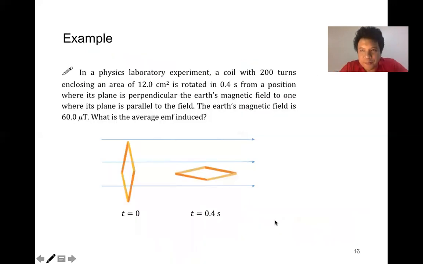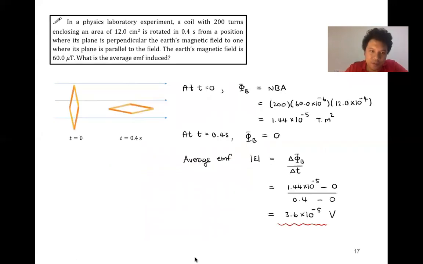Okay, so now we are going to apply some elements of Faraday's law in the equation.